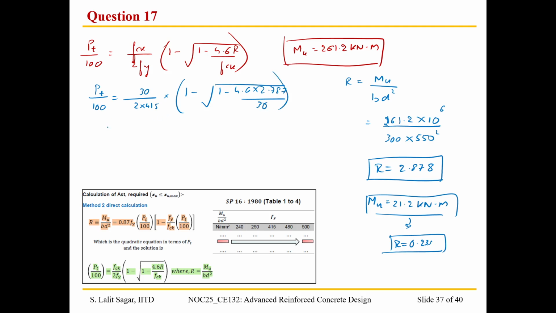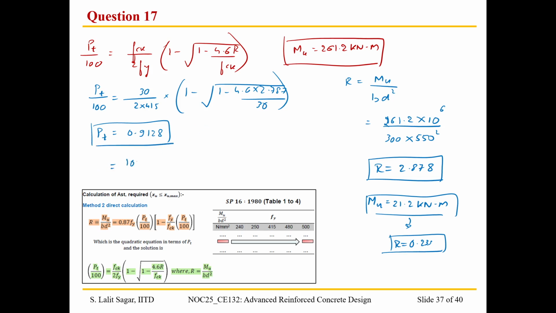So this gives me value of pt as 0.9128. Please check that you're getting this value.